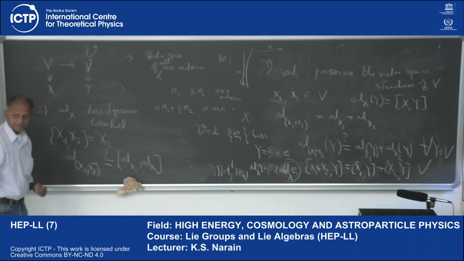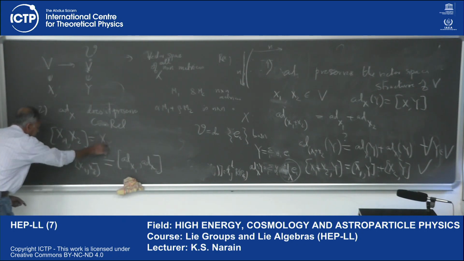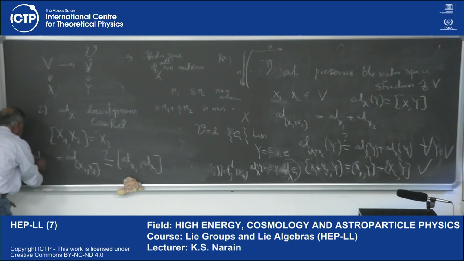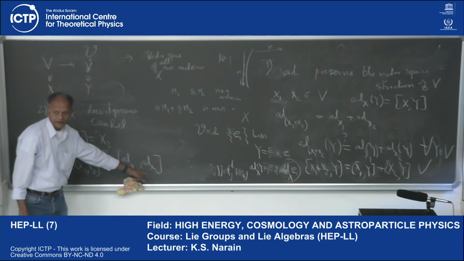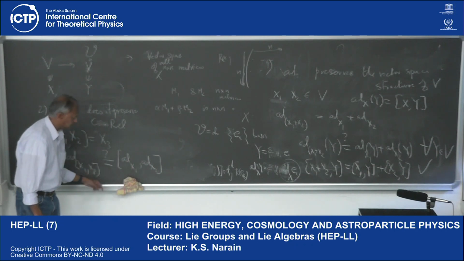So this is the question. Of course, this is add x3, because the commutator of x1 and x2 by definition is one element which I call x3. So the question is, is add x3 the same as the commutator of add x1 and add x2? So this is the question.